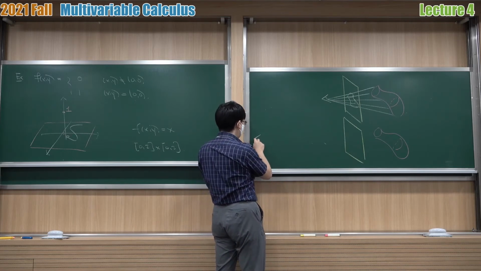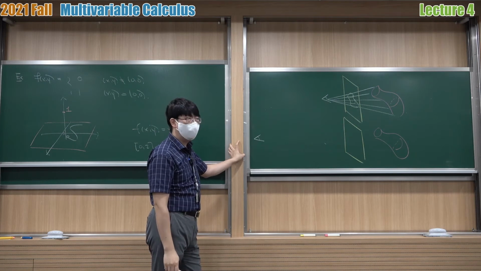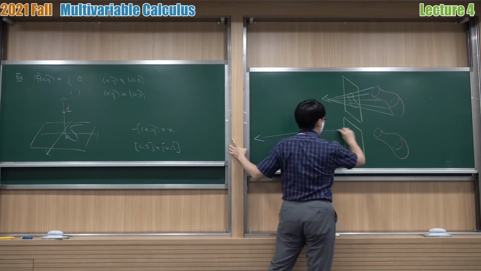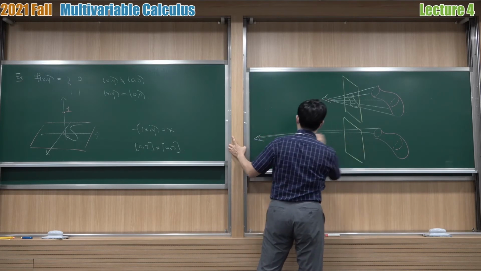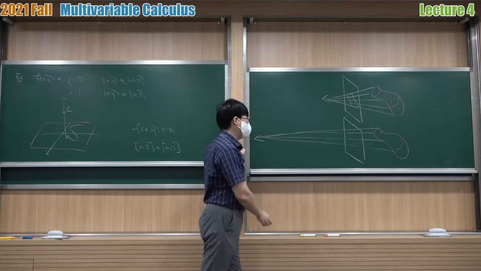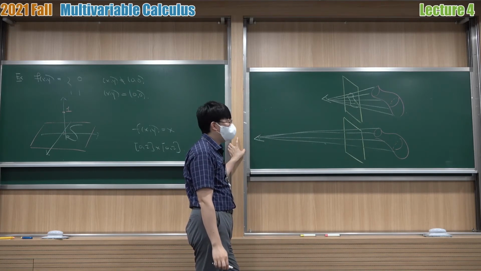However, if you're looking at this three-dimensional figure far, far away, then all the lines connecting your eye to any point in this three-dimensional object will almost be parallel, right?